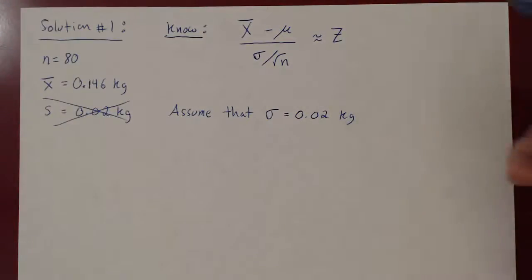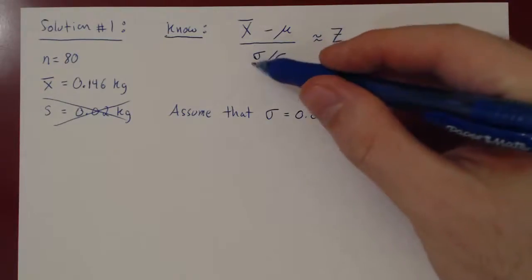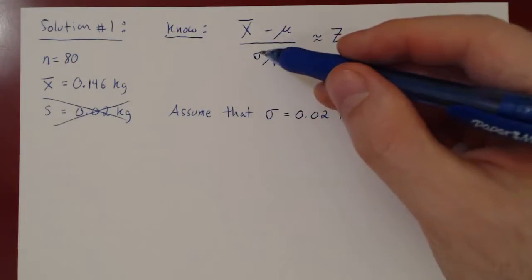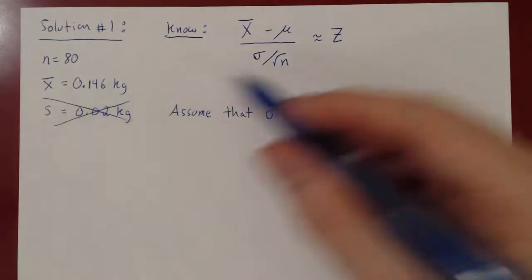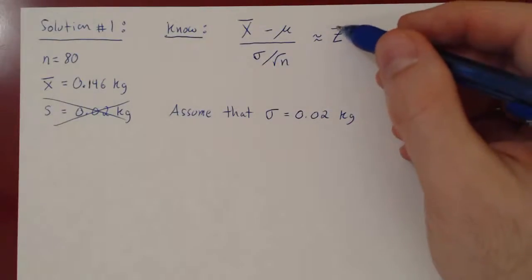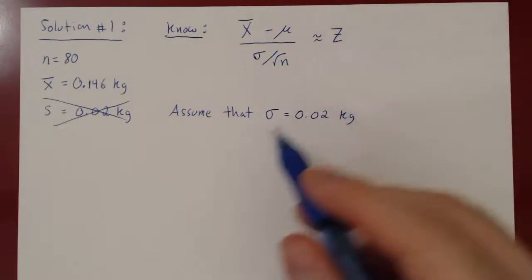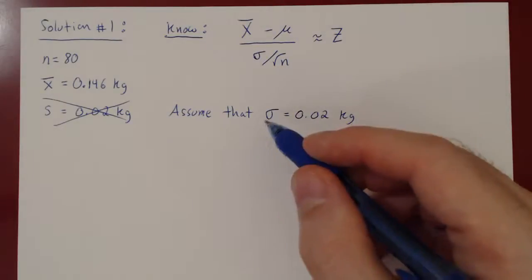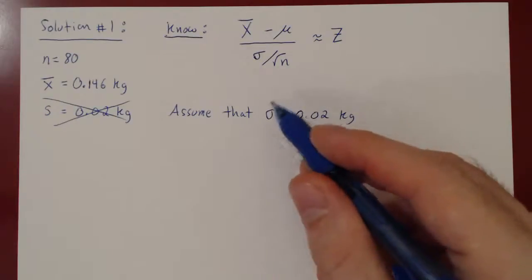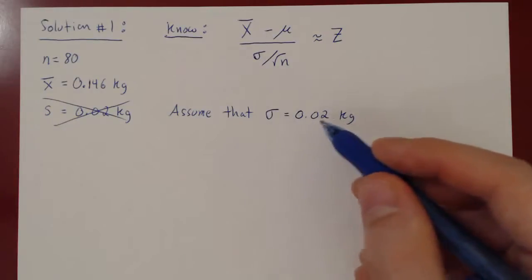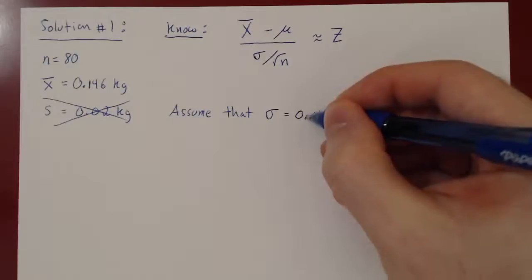And you'll see in our next solution where we stop cheating and we really use the sample deviation, therefore replacing sigma by s, this will slightly change our statistic. But for us, let's assume that we do have somehow found a way to obtain the true population standard deviation, and that is 0.02 kilograms.